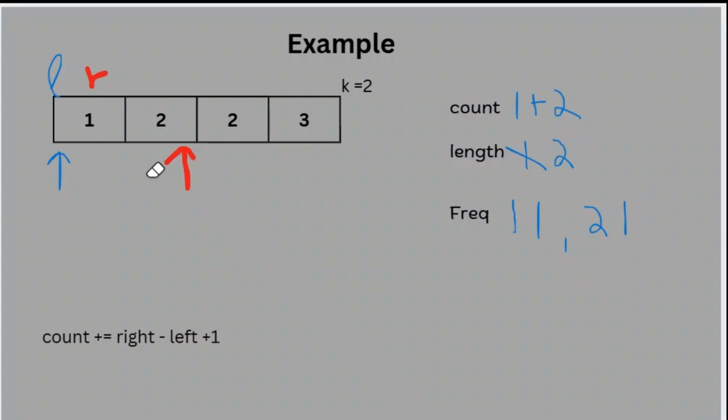Next, right is incremented and it points towards 2 again. So now the occurrence of 2 is changed. 2 will be occurring 2 times. There is no change in the length, and now the count value is added.